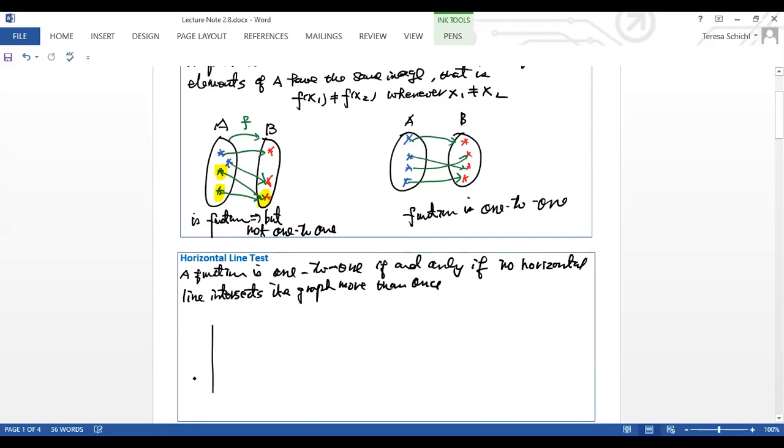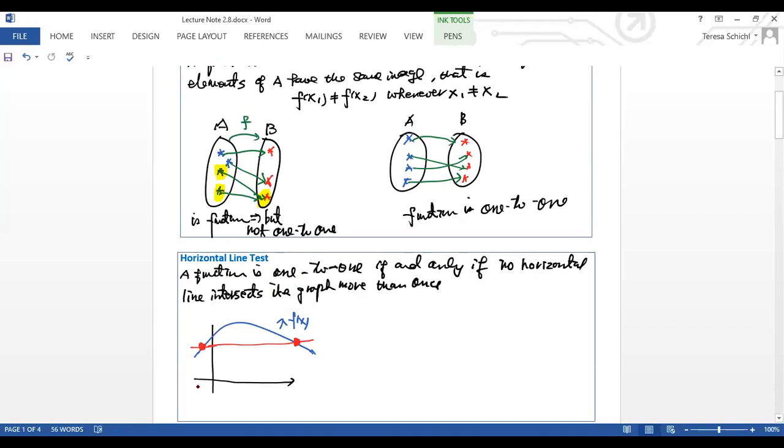For example, if I have a function like this, and this is f of x, is this a one-to-one function? The horizontal line test says, if you put a horizontal line here, this line touches the function at this point and this point.